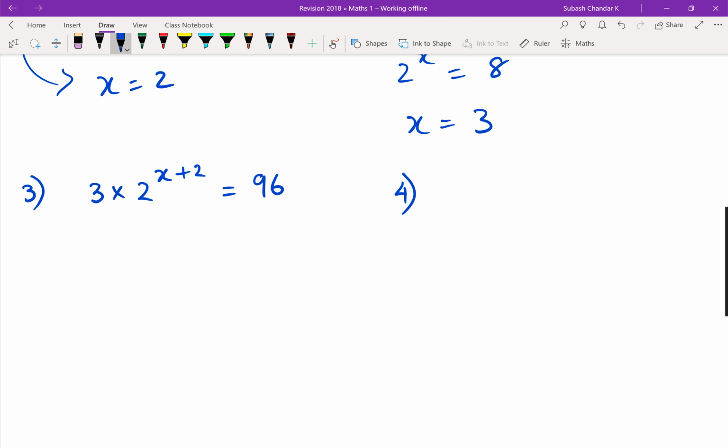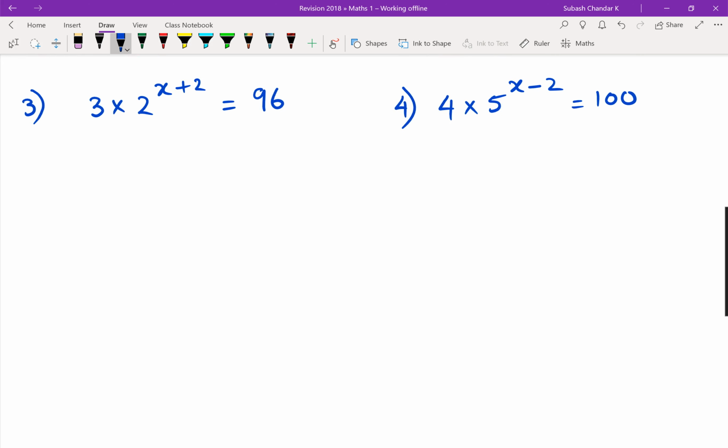Try question number 3, and try question number 4 there. It's just playing with numbers, guys. You can do this.